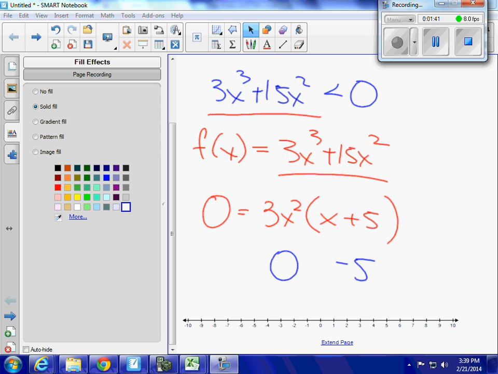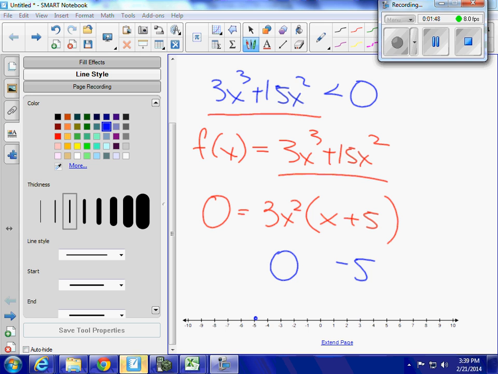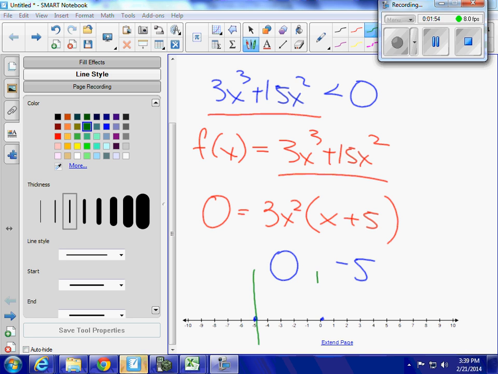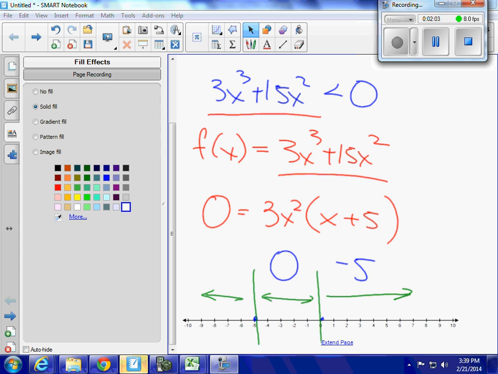Those zeros have divided my graph into intervals. I'm going to have a 0 here at negative 5, and another 0 at 0. So my graph is going to have 3 intervals. It's going to have this interval right here, this interval right here, and this interval right there. And if any number in an interval is positive or negative, it's going to be that way for every number in that interval.